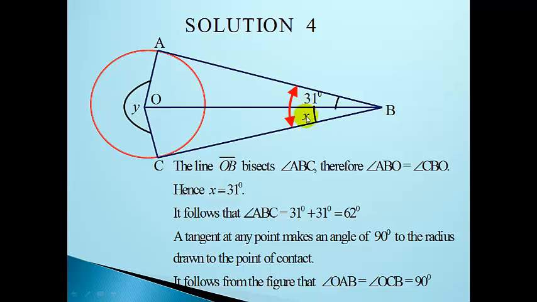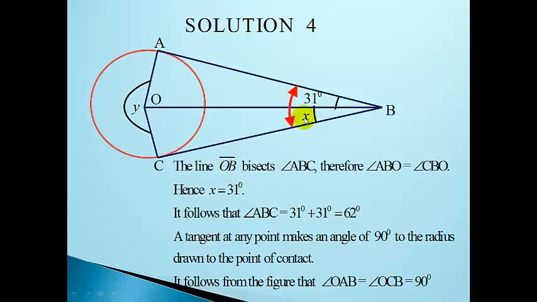That means that the value of x is also equal to 31 degrees. The line OB bisects angle ABC, and therefore angle x equals 31 degrees. So the value of x equals 31 degrees.